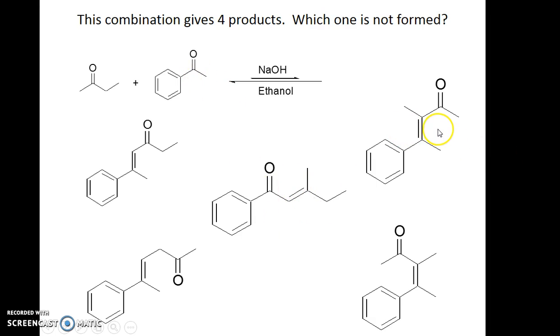Cut this one, yeah, I get those 2 back. If I cut this one, I get those 2 back. If I cut this, though, what do I get? I get the 2 things, but this can't form because it has to be on the alpha carbon. This is on the beta carbon. That can't form. So that is the correct one. That is not produced by this mixed aldol.